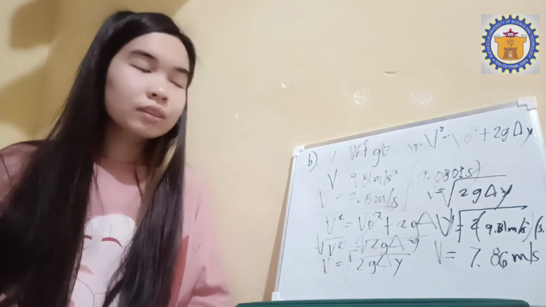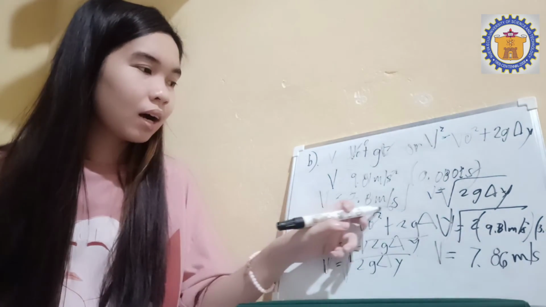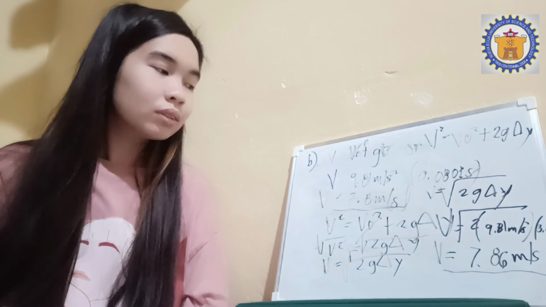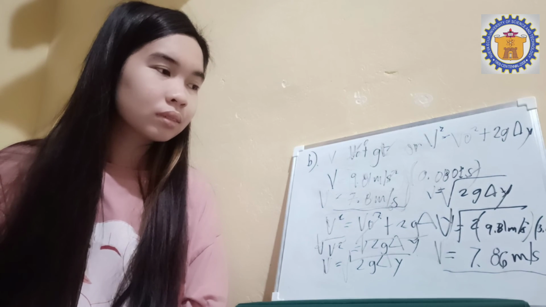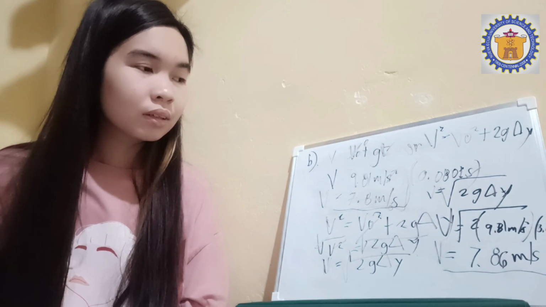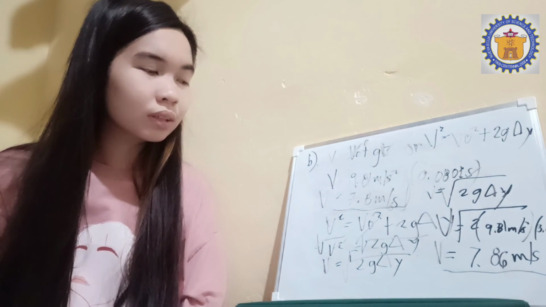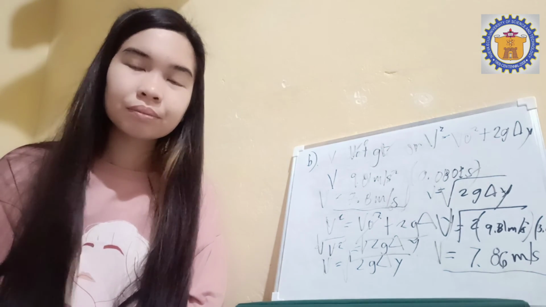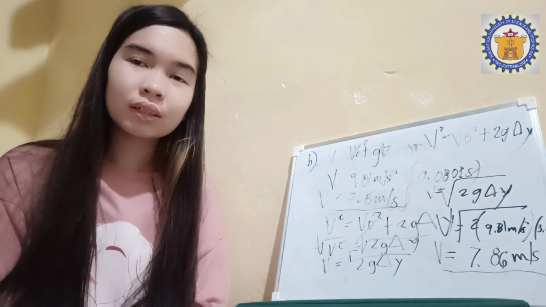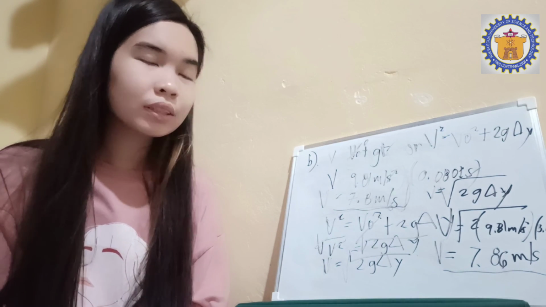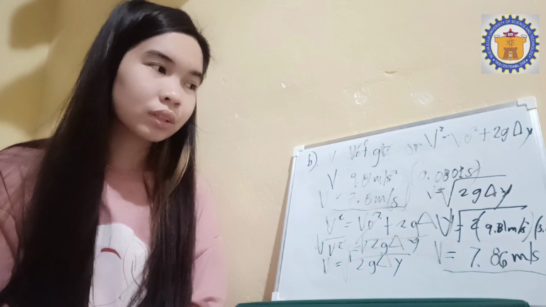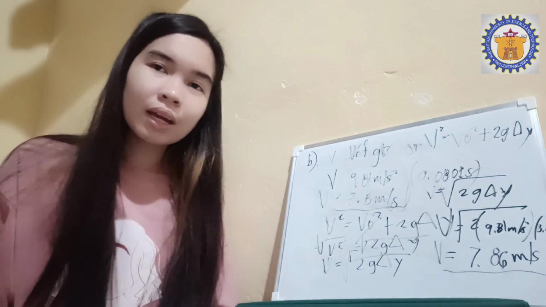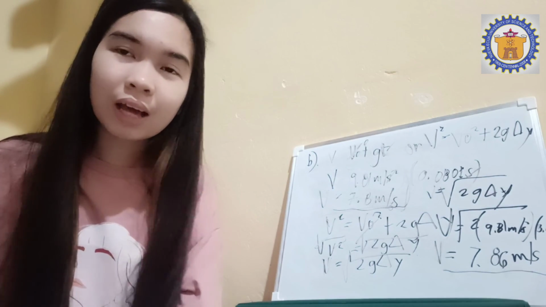So, same lang sila ng final answer. So, sa letter B question natin, ang speed ni lemon fruit is 7.86 meter per second bago siya mahulog sa ground. So, makikita nyo guys na kahit na magkaiba yung formula ng ginamit natin, same answer pa rin ang nakuha natin.